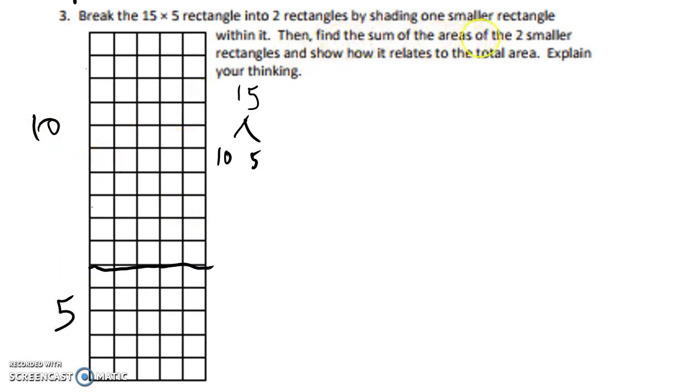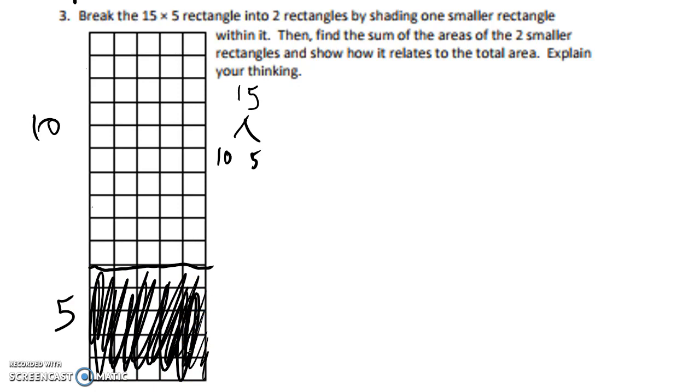Okay, by shading one smaller rectangle within it. So I'm going to shade a smaller one. Find the sum of the areas of the 2 smaller rectangles. So this is 1, 2, 3, 4, 5.